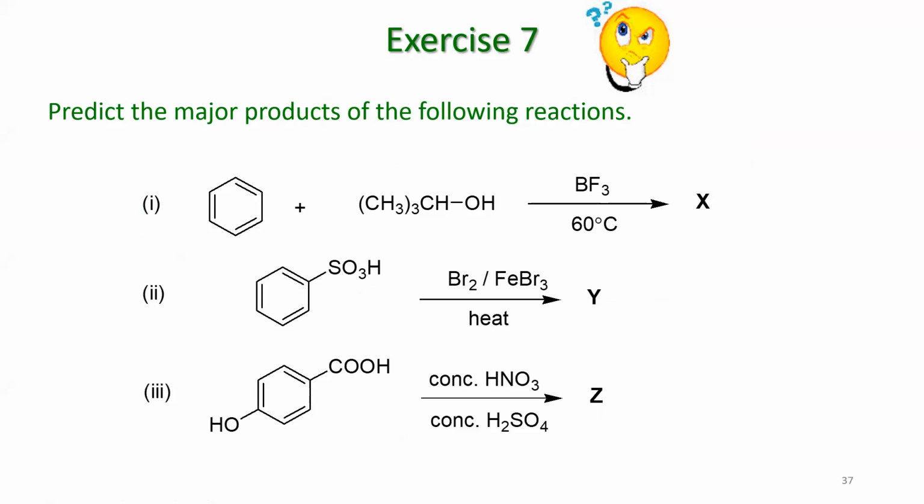These examples, I don't think that I have to go through them. Predict the major products of the following reactions. You read the book and you will come across these reactions, and you will just see what the substituent groups are.